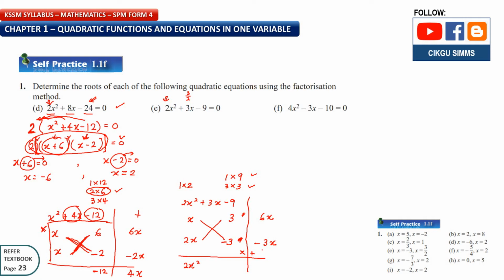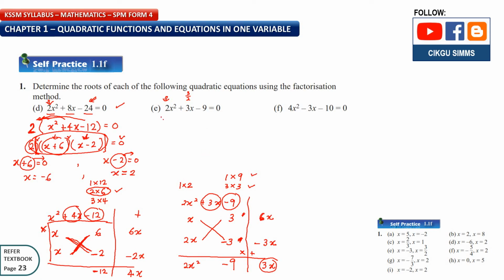So 3 times -3, you get -9, which is the same as this. And then 6 minus 3, you get positive 3x. So this one is the same as the middle. Okay, so yeah, we get the answer already.